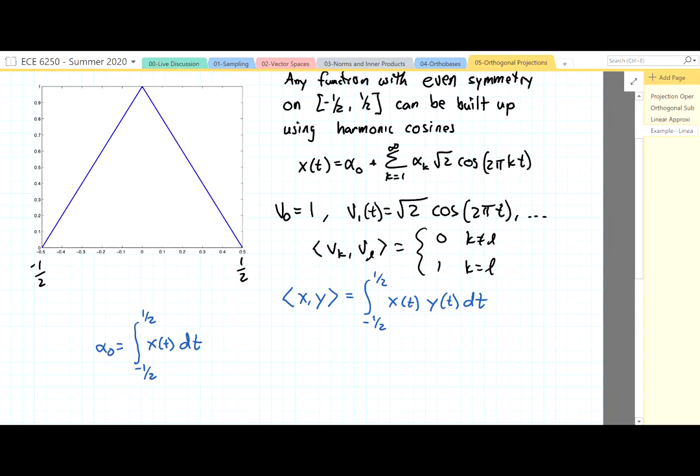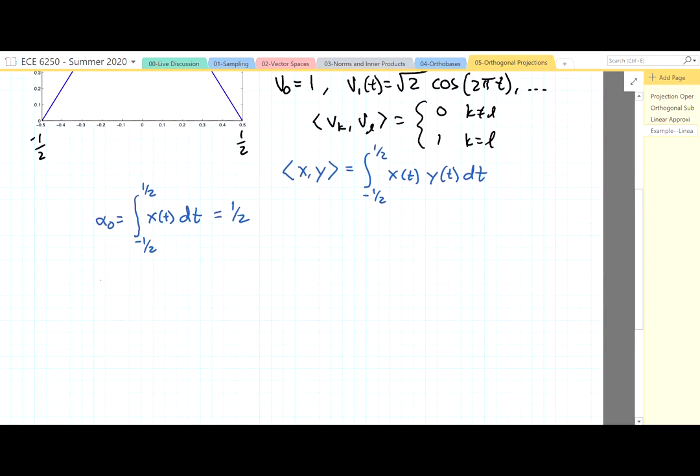So we're going from minus 1/2 to 1/2, so the base of our triangle is 1. The height is 1, so we can just note that that's 1/2. I'm not going to calculate all the rest for you, just in the interest of time, but I'll set this up.